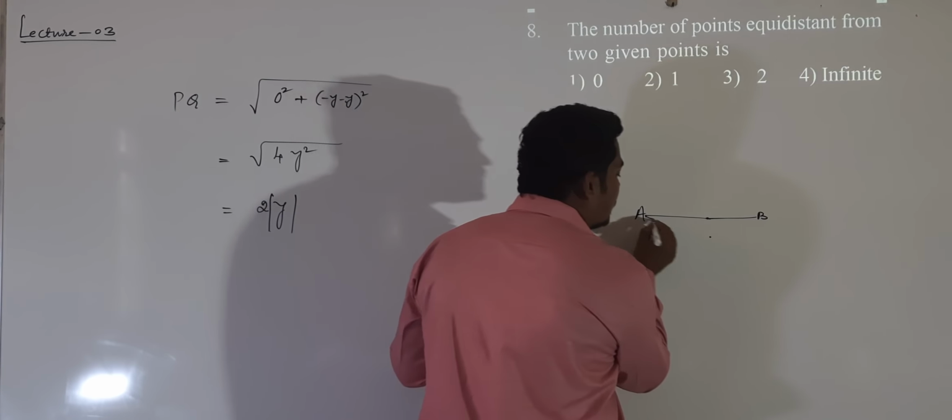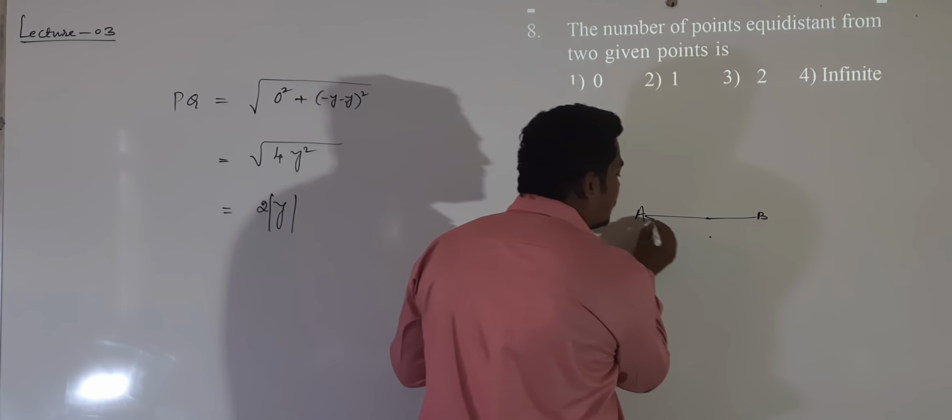Clearly there exist an infinite number of points. Suppose these points are P1, P2, P3, P4, P5 and so on. Clearly AP1 is the same as P1B, meaning these two lengths are equal.